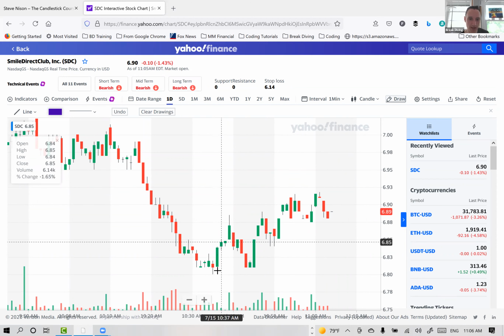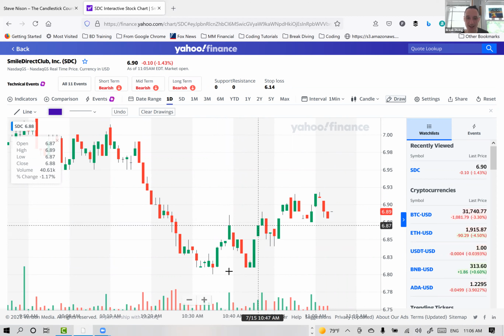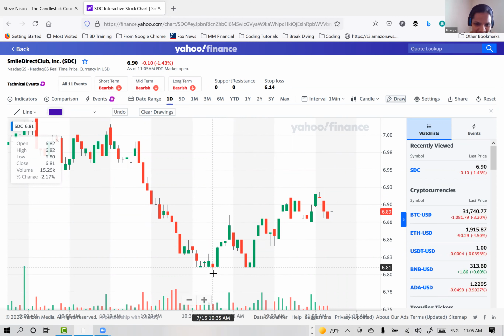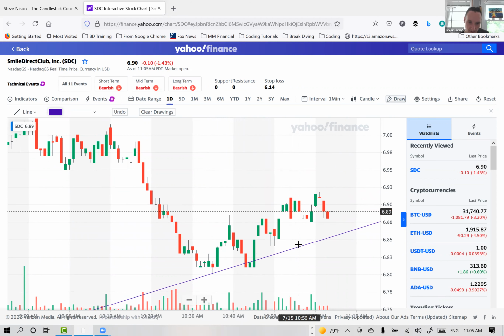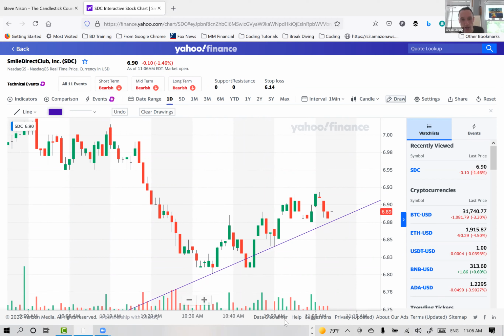How annoying, it won't let us draw from the bottom of the lower shadow, which is how you draw the trend line. It only lets you grab from here. Oh, there, it finally did it. Then to that one. So it looks like the trend is going up for today at least, going back up above.